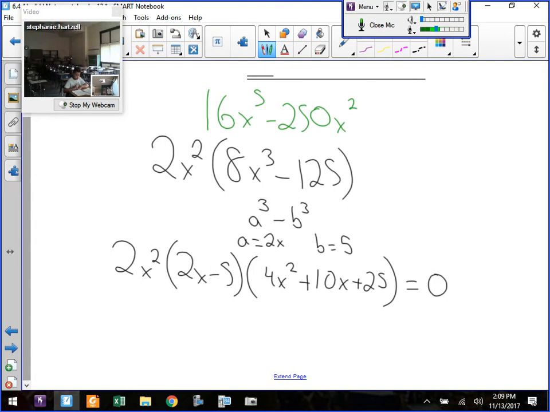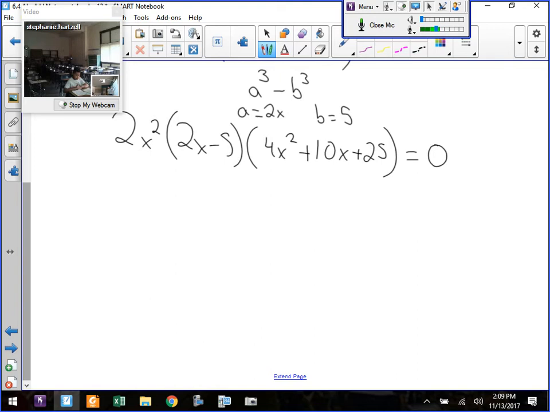Aside from this nasty looking thing here, where I'd have to use the quadratic formula, could I set that equal to 0? Yeah, I get 2x squared equals 0. I get 2x minus 5 equals 0. Then I get 4x squared plus 10x plus 25 equals 0. Well, what's my zero at 2x squared? 0.